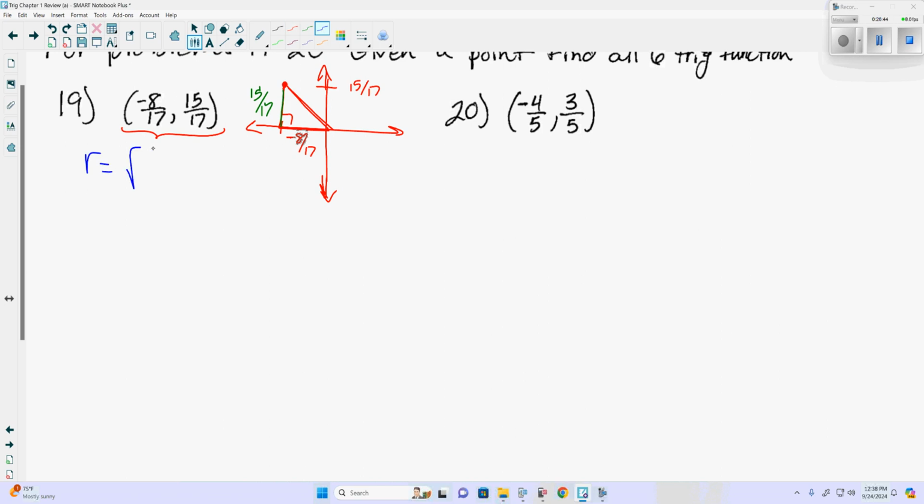R is equal to 15/17 squared plus negative 8/17 squared. Now we could use Pythagorean's theorem, which is essentially the exact same thing, because we would take 15/17 squared, add it to negative 8/17 squared, find the sum of that and take the square root.